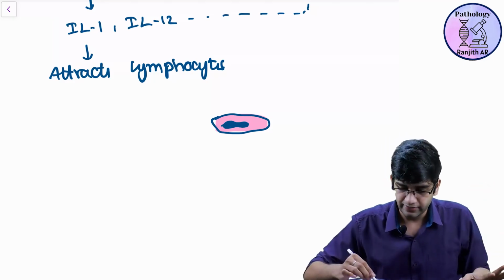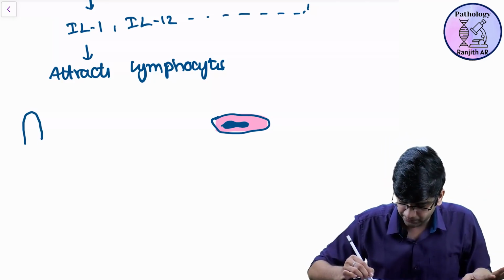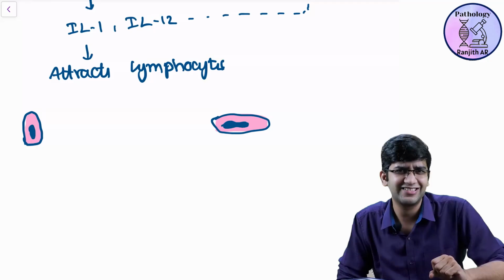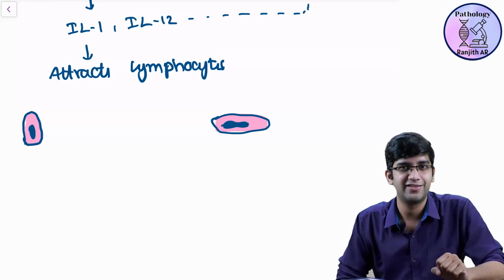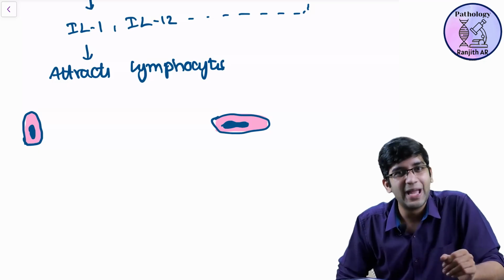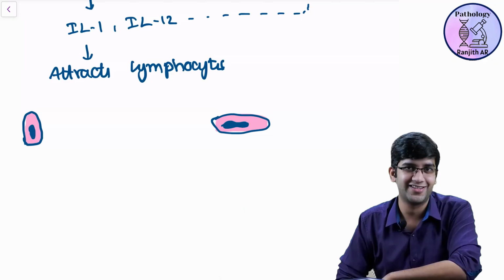An elongated nucleus and a pink cytoplasm. Does it look like a columnar epithelium by any chance? Yeah, a little bit. It looks like an epithelial cell. Name the cell: epithelioid macrophages.